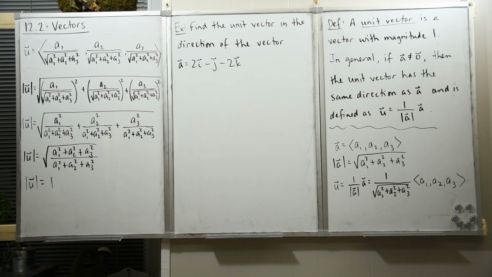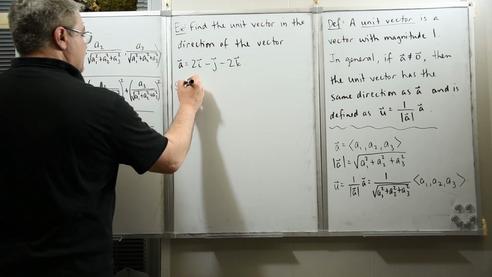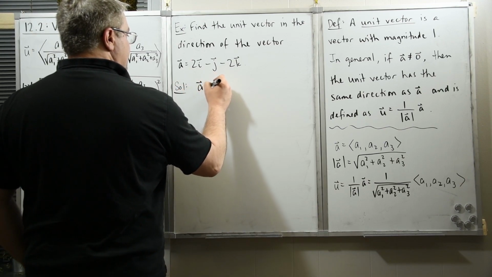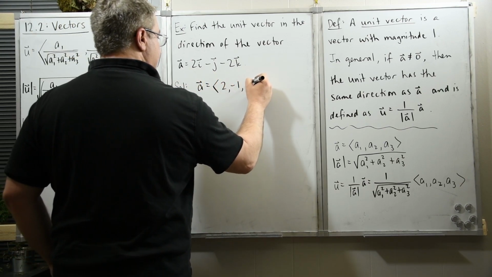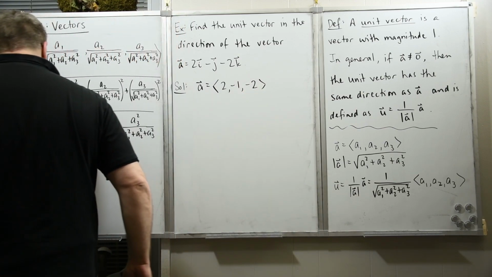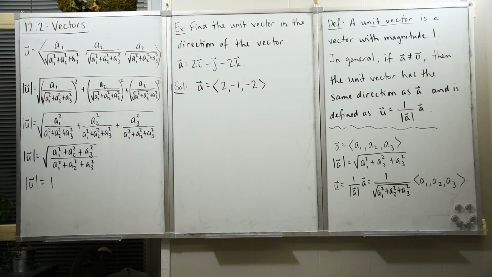All right. So another way that we could write this is, let's put this in component form. And the components of A are 2, -1, and -2.